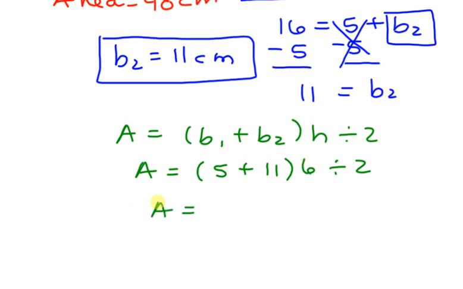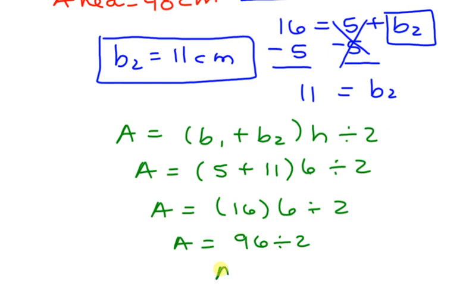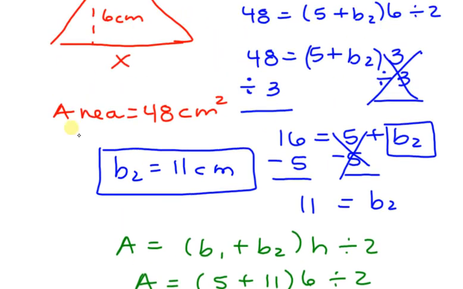So area equals 5 plus 11 is 16 times 6 divided by 2. Area equals 16 times 6 is going to be 96 divided by 2. And 96 divided by 2 should be 48. And if we go back up and we check, our original area was 48.